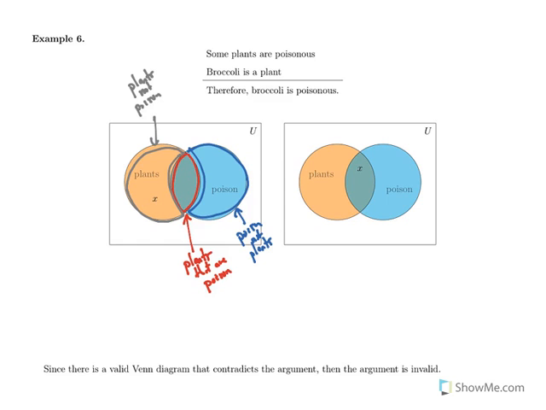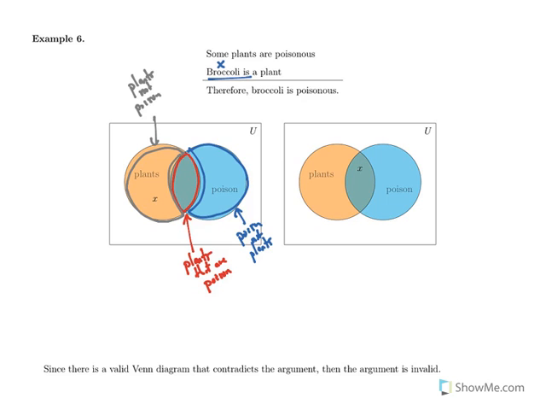And it depends on where we put broccoli, our X, that makes this argument possibly invalid. So X is a plant, but there are two places we could place that X. You could place the X in the plants not poisonous section, or in the plants that are poisonous section, in the overlapping section, or in the part that's not.